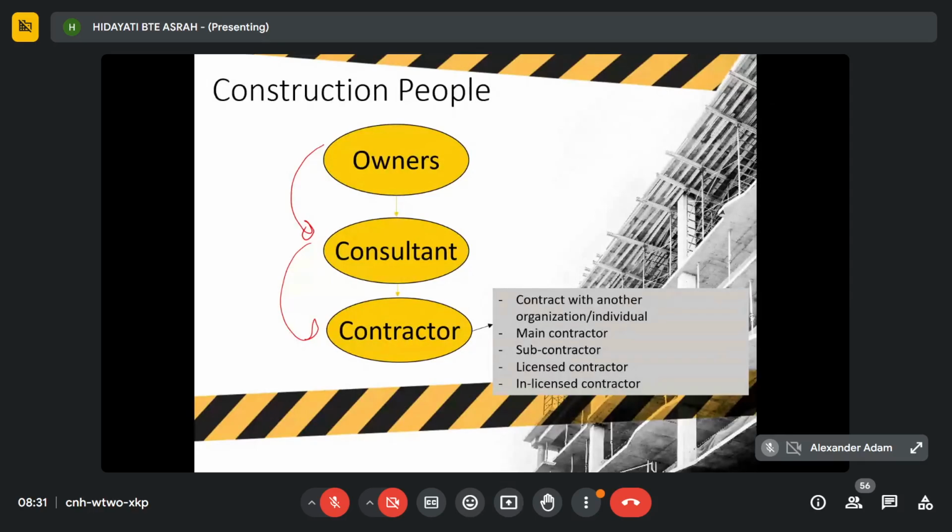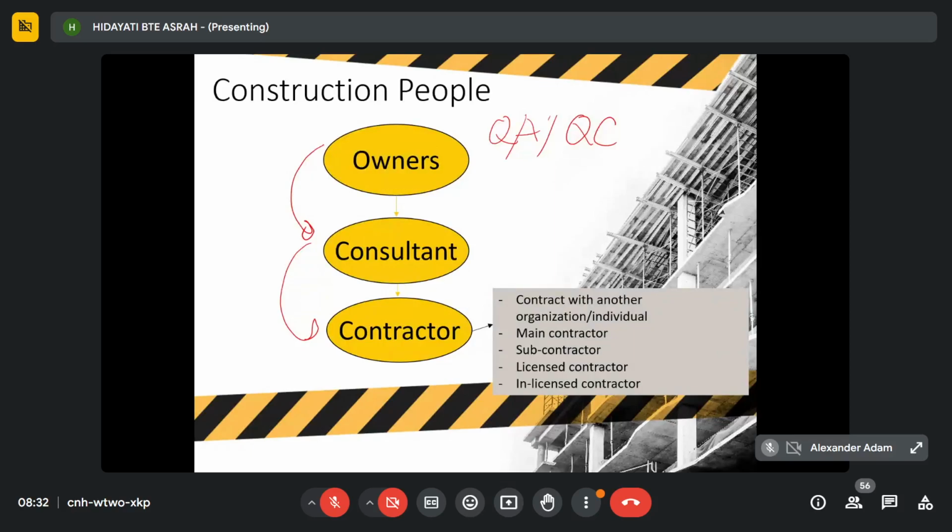QA is quality assurance, QC is quality control. They also have a safety engineer, project manager, resident engineer, and not to mention the full labor force. Labor is important also. Without labor, the construction activities cannot be done. Then the electrician, mason, plumbers, steelman, and many others. So that is under the contractor.